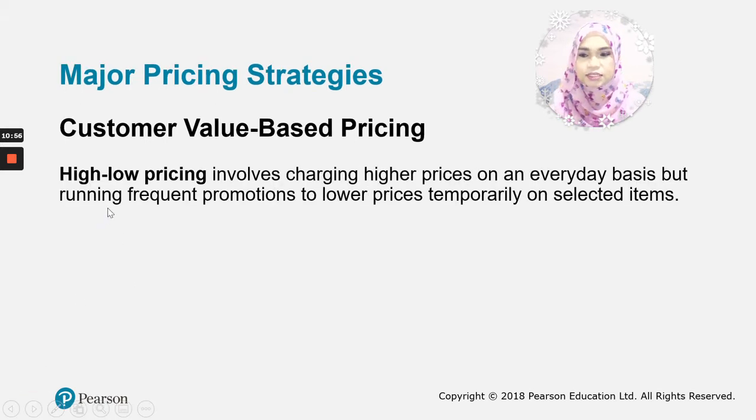Next is the high-low pricing. Now what is this high-low pricing? It involves charging higher prices on an everyday basis but running frequent promotions to lower prices temporarily on selected items.